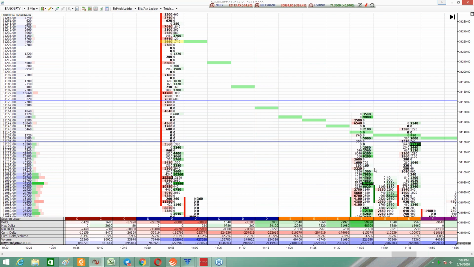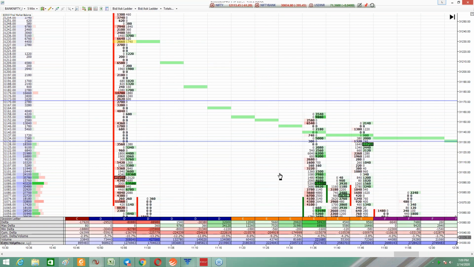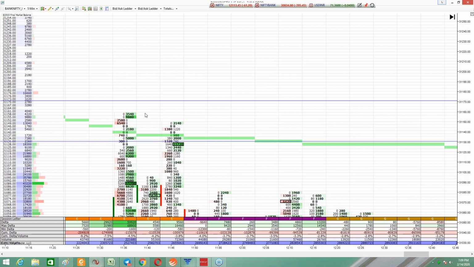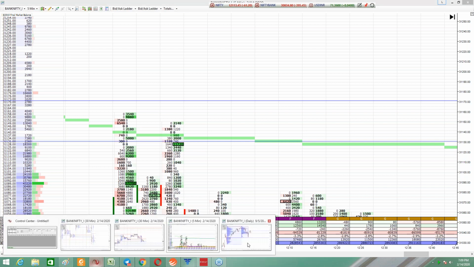When the market fell today tremendously, after falling, it went up and got rejection two times from this particular area. So 31,170 to 31,130 is the area where Bank Nifty can also take rejection.